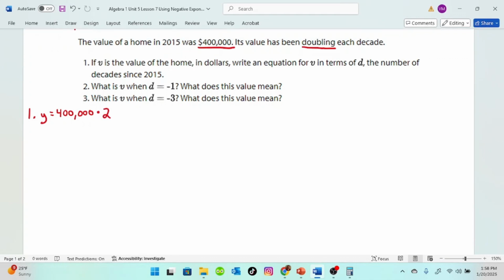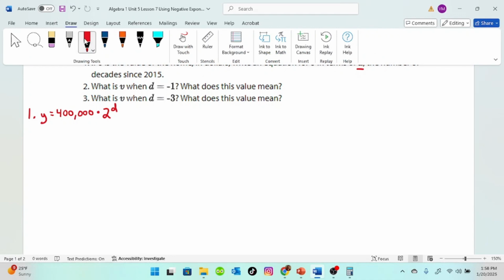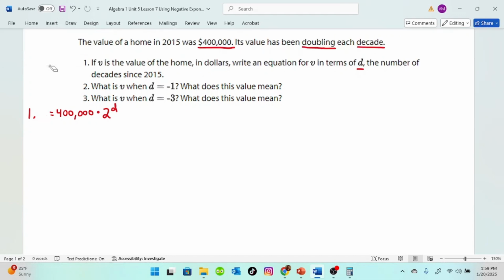And then it's each decade, and they want us to represent that with D. And instead of y, they want us to use V for the value of the home. So we have V equals 400,000 times 2 to the power of D.